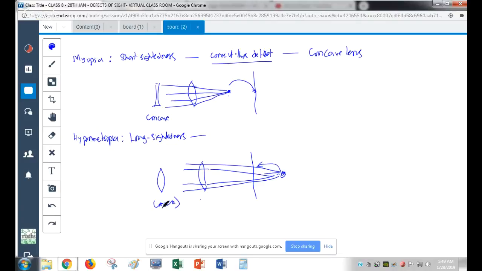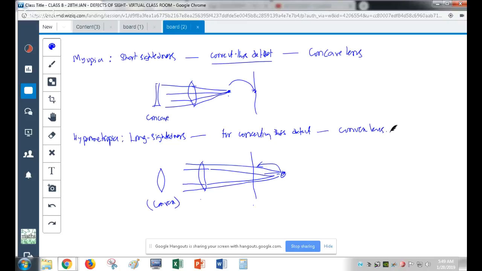The doctor uses a convex lens and keeps it in front of the eye. So this focus will be brought on the retina, so that you can see the objects clearly. So what lens will be used for long-sightedness, that means hypermetropia? We use a convex lens.